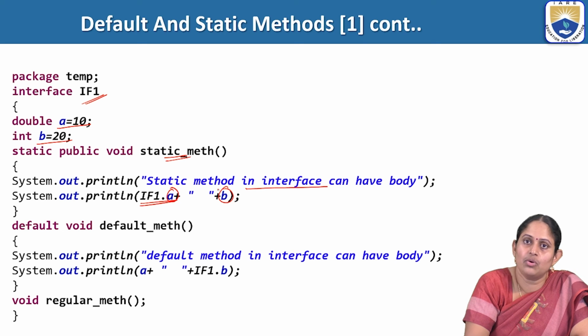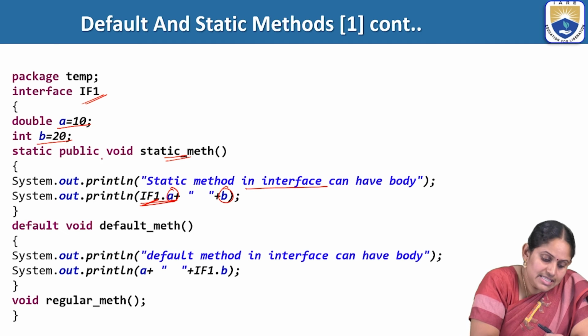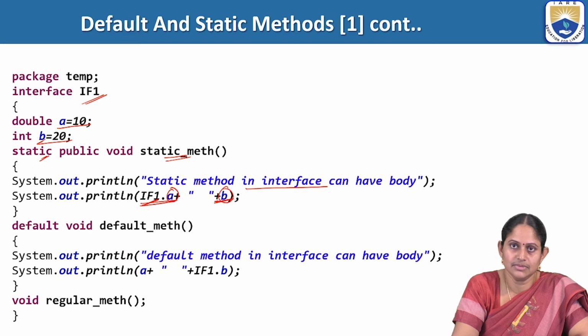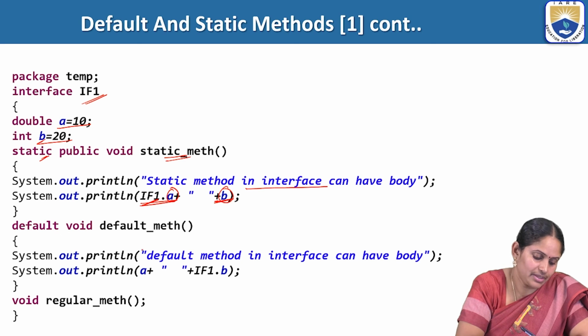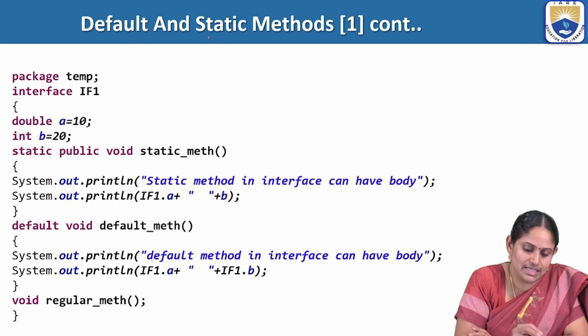Since a and b are both static, we can access them using the interface name. Since this static method is accessing another static member, we can directly call them instead of using the class name.